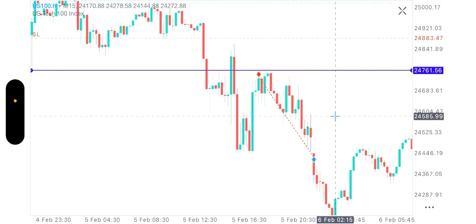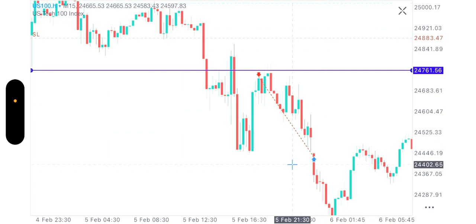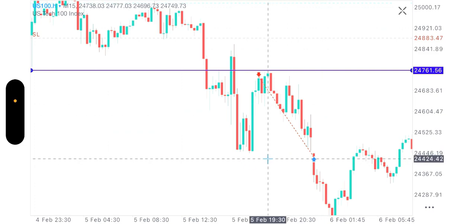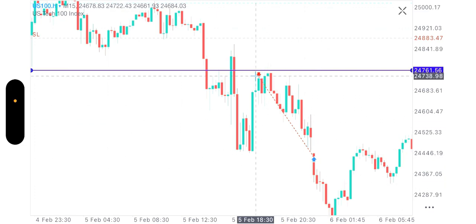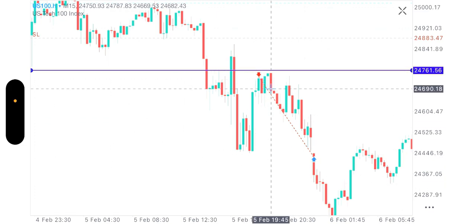This gap would have been upward, right? So I had to close around here, at 24446.39 thereabouts.